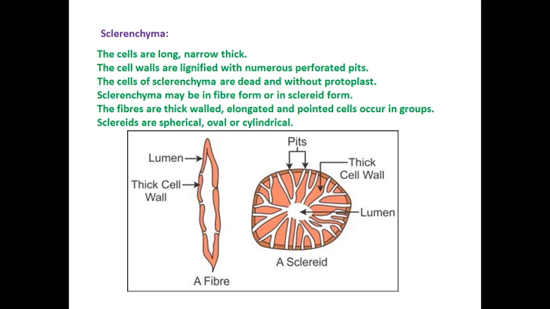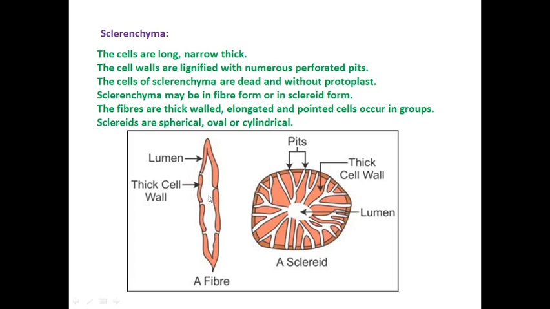You can say sclerenchyma cells are further of two types. One is fiber and number two is sclereid. Fiber is long, elongated, also dead, and it has a lumen. The protoplast is not there, only a lumen, and it has a thick wall.